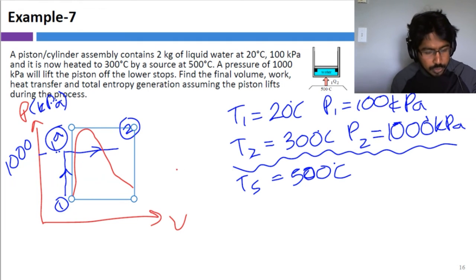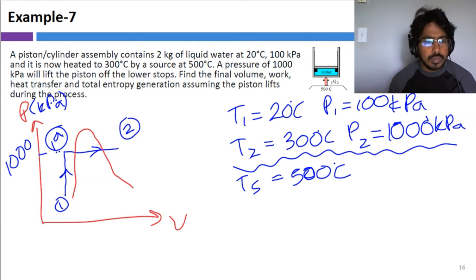So the dome should be looking like this for the 3 states that we have, right? And this is very important. If you are asked to draw your process indicating the phases of the states, then you have to draw the dome. Without the dome, nobody can gauge whether you have located your PV diagram properly, right?